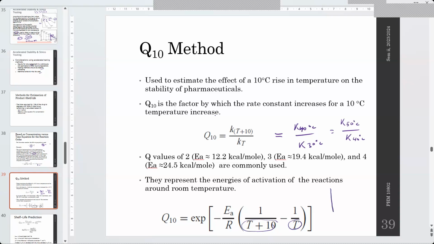We get this from the plot of ln K versus 1 over temperature. So Q10 is equal to, if we have K1 and K2, Q10 is K at the higher temperature.